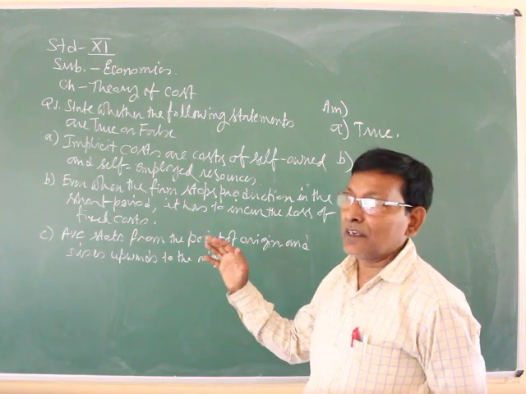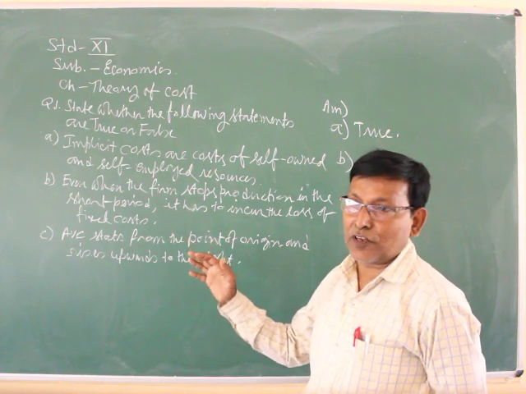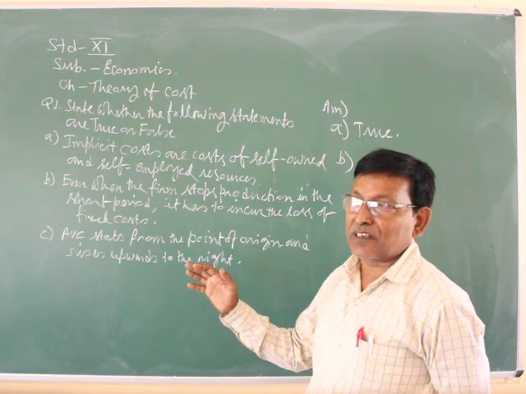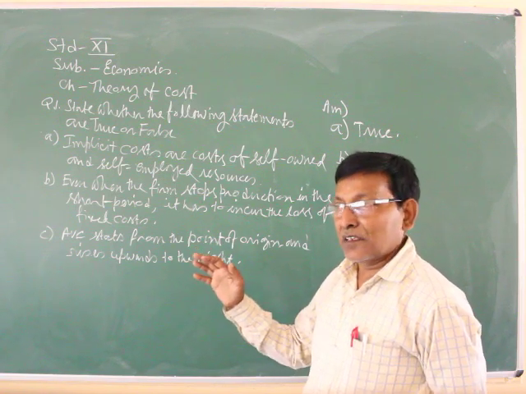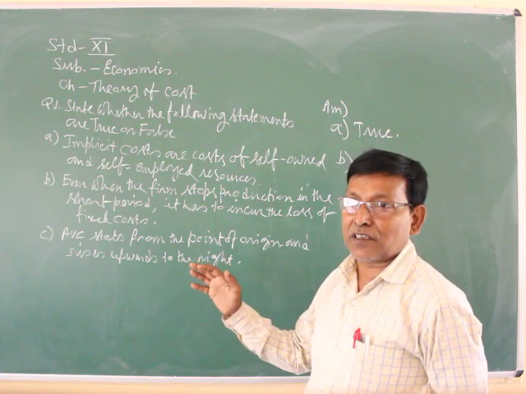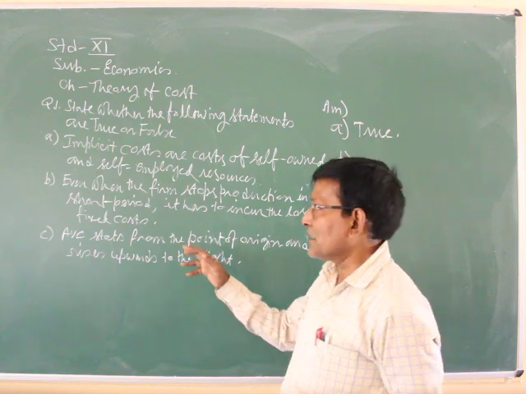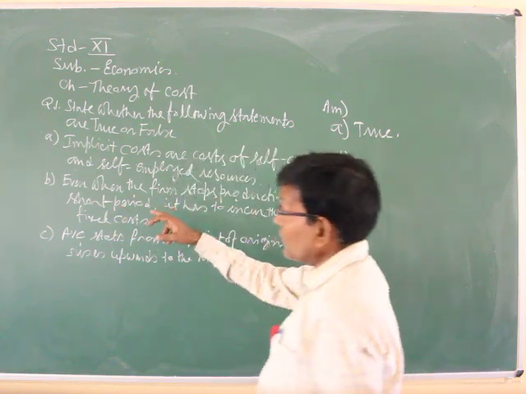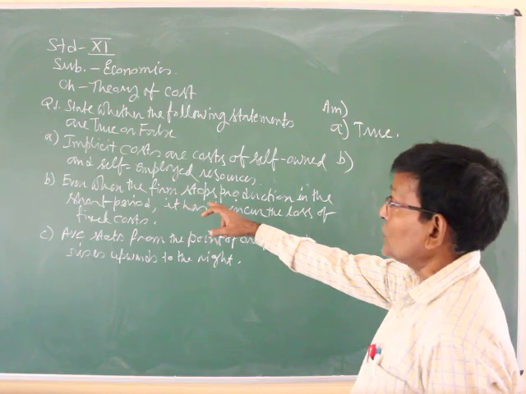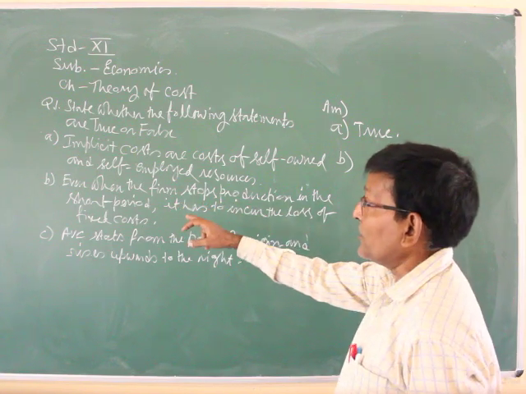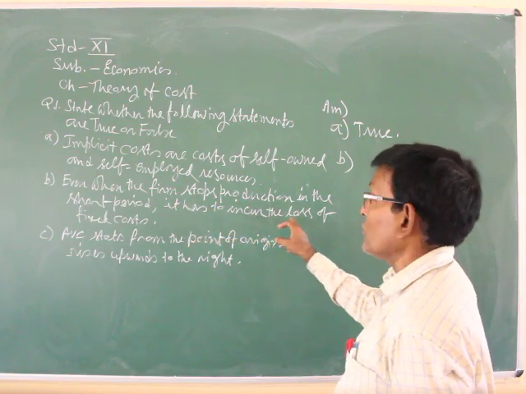It will be fixed in nature. Whether the production is nil or some positive value, the fixed cost will remain the same. From this viewpoint, even when the firm stops production in the short period, it has to incur the loss of fixed cost.